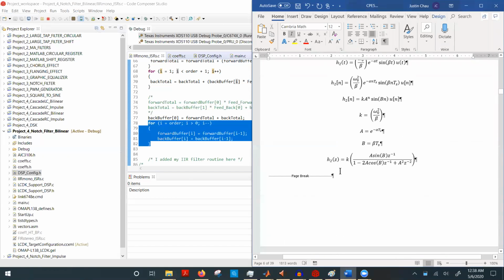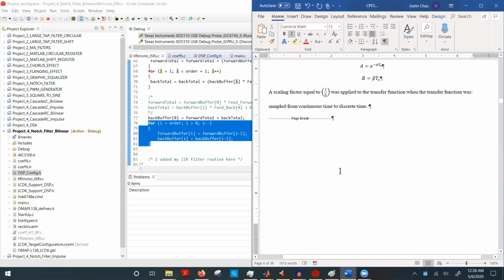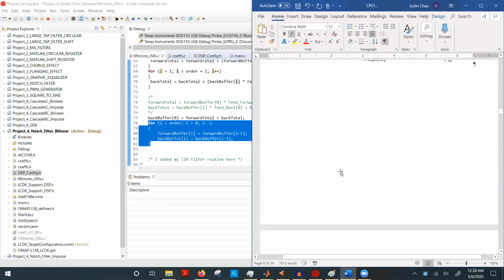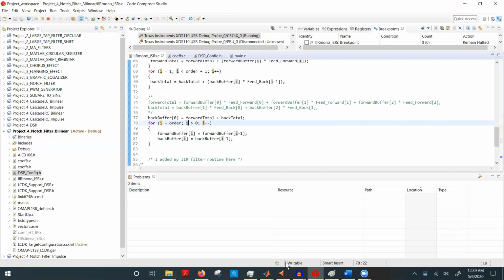The bilinear transformation is a lot simpler, but you still have to do a bunch of algebra to get into a form that you can extract the coefficients from. So while the FIR filter might require more time, more calculations, more taps, it is a lot simpler to design. While an IIR filter uses fewer coefficients, but requires more work to design. So those are some of the benefits and disadvantages of IIR filter versus FIR filter.